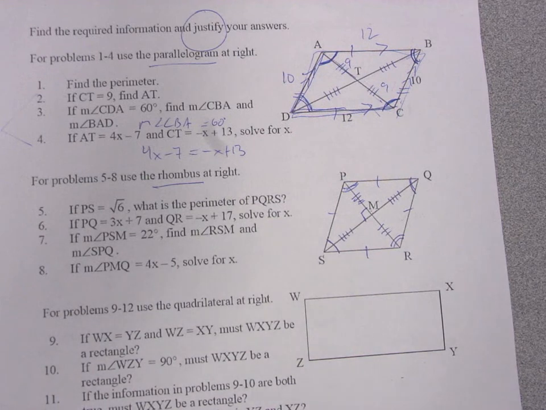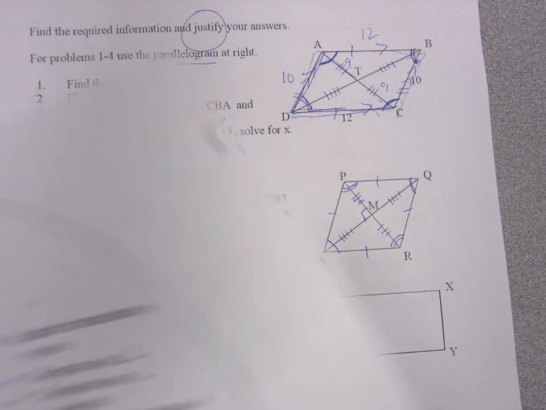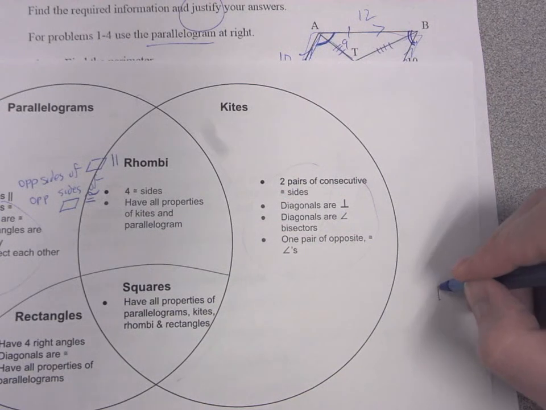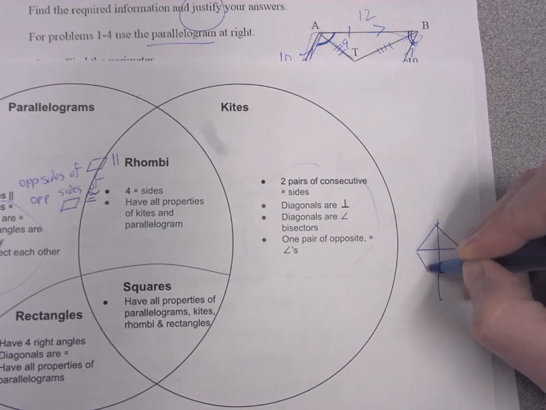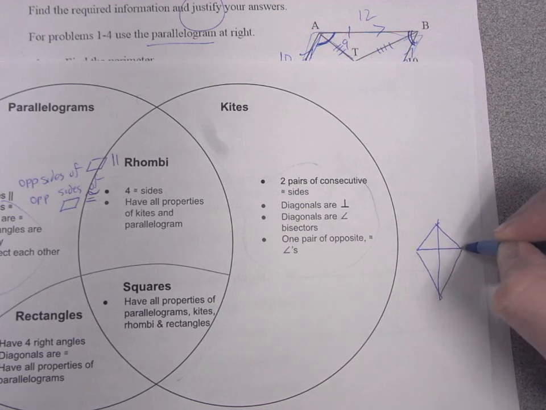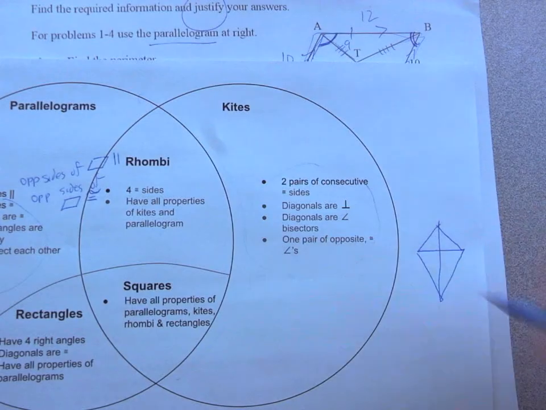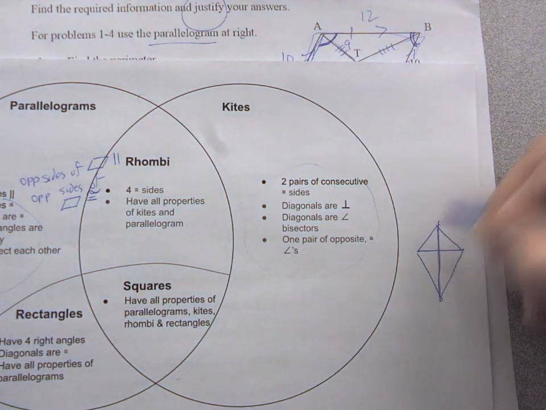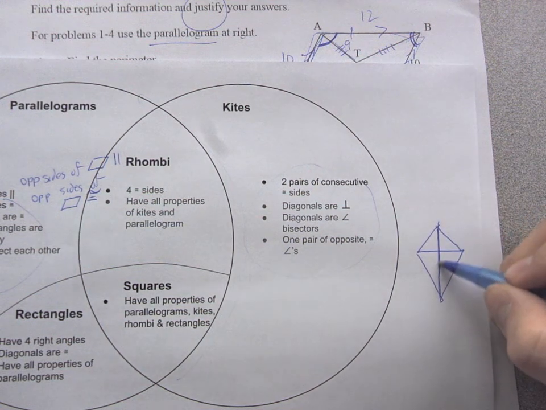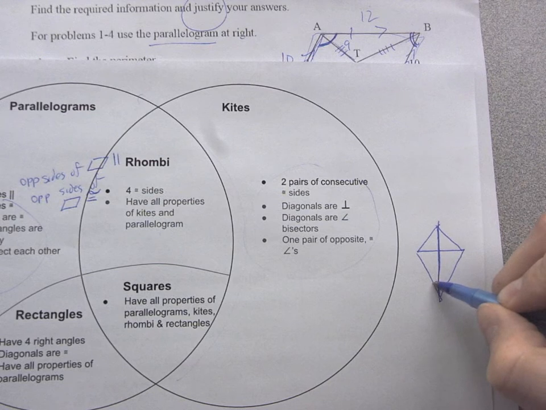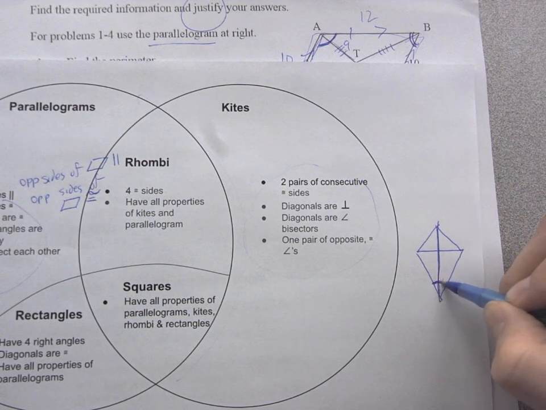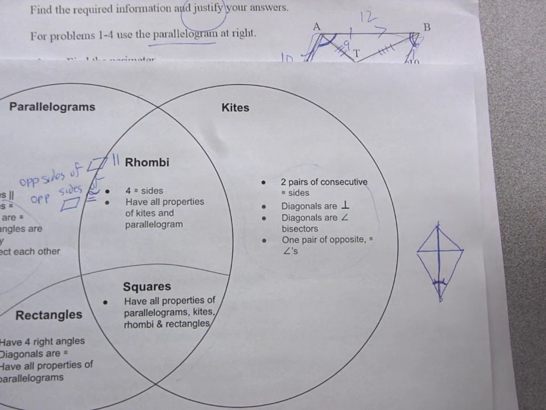Another thing we know about kites, this is kind of the tricky one, is that in kites we have angle bisectors. So this guy right here actually bisects this full angle, which means that this guy and this guy are congruent.